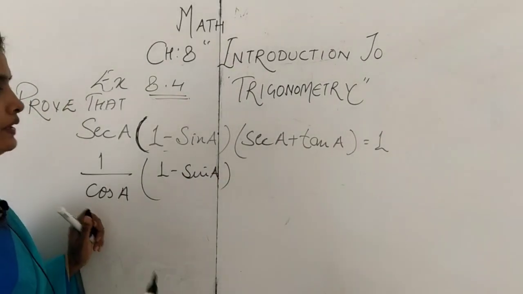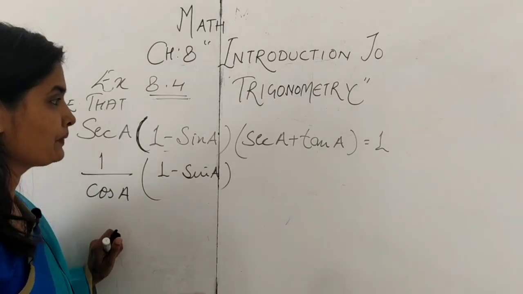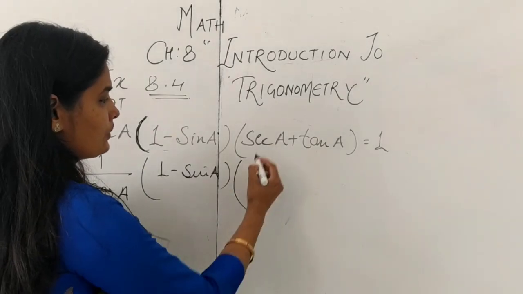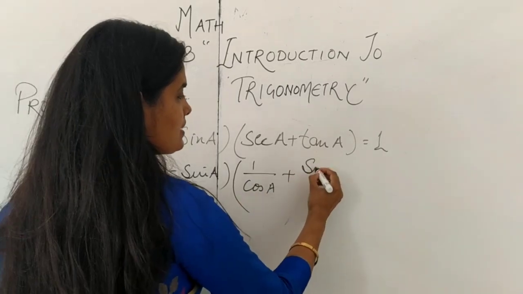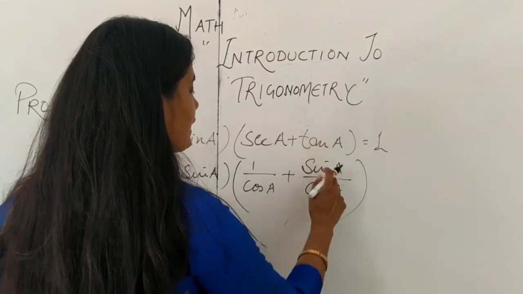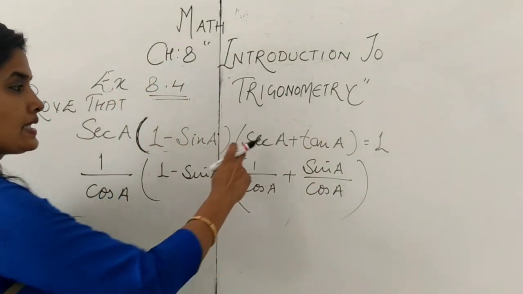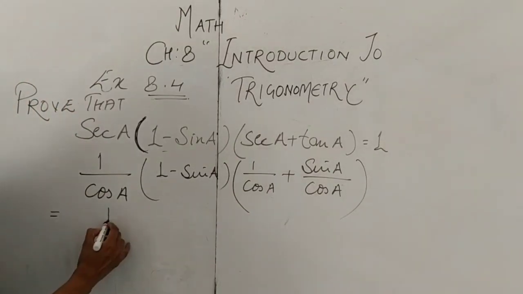We have to convert actually all ratios in the form of sin and cos first of all. Then sec a plus tan a I can write 1 upon cos a here, and here I can write sin a upon cos a. As I told you that tan a means sin upon cos, sec means 1 upon cos. Clear? Now further we'll solve.